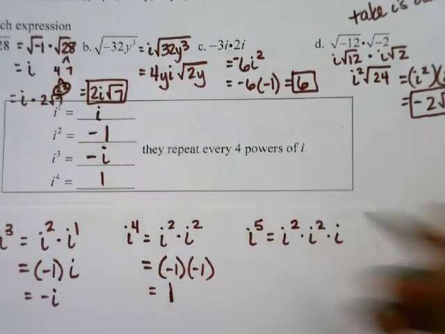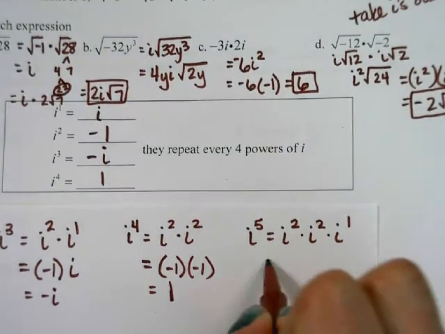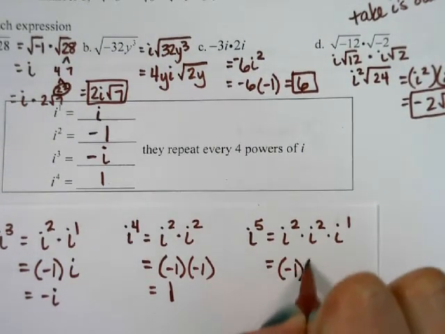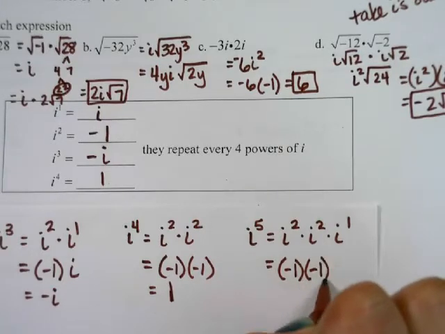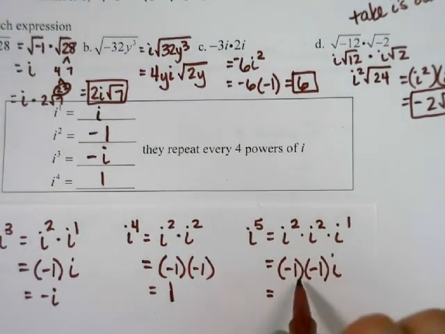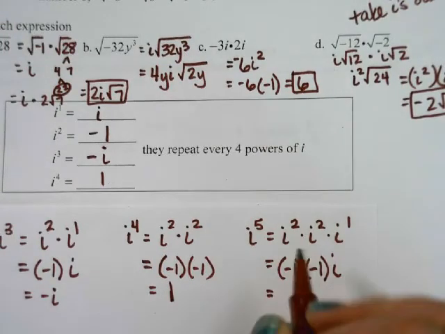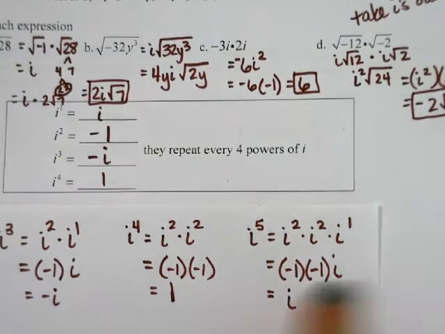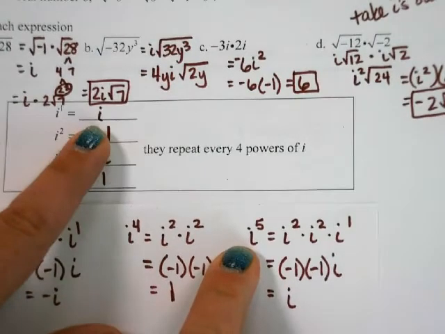So i squared times i squared is -1 times -1, which is +1, times i, so just i. Hey, look, that's what it said.